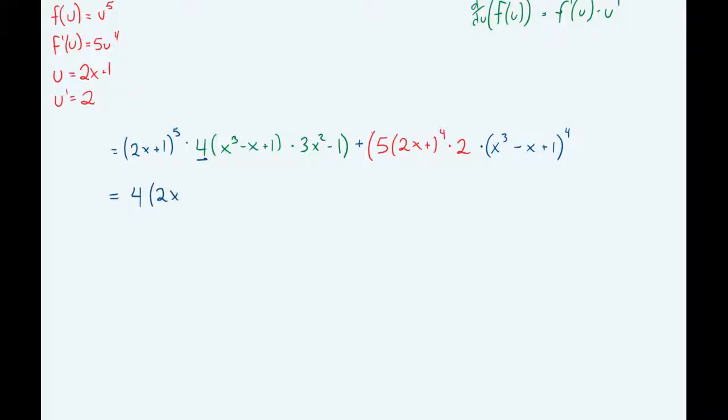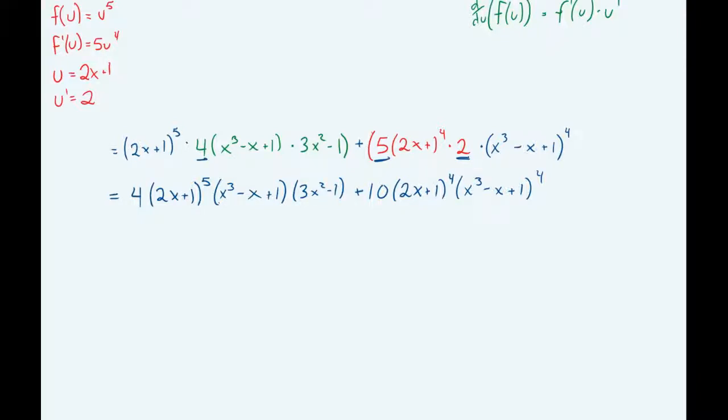So 4 times (2x plus 1) to the fifth times (x cubed minus x plus 1) times (3x squared minus 1). So actually not much to simplify there. But in this one I have a 5 and a 2, so I can multiply those and get 10 times (2x plus 1) to the fourth times (x cubed minus x plus 1) also to the fourth.